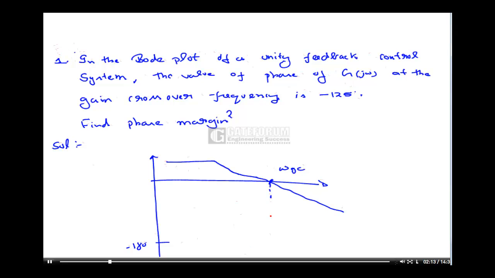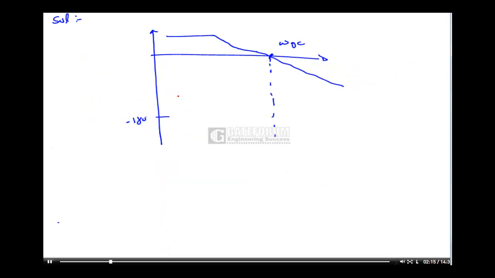At gain crossover frequency I have some phase, let that phase be phi. Now the phase margin is this particular value. From this point to this point, how much is the phase difference? That is my phase margin.